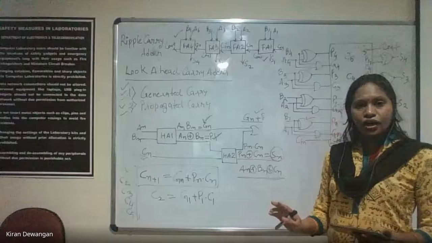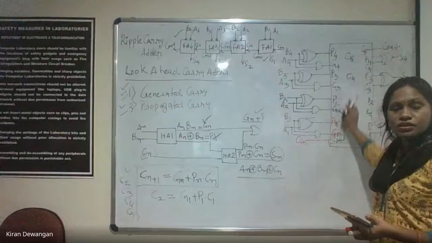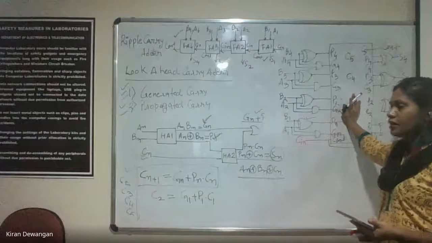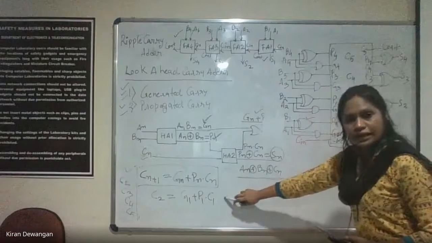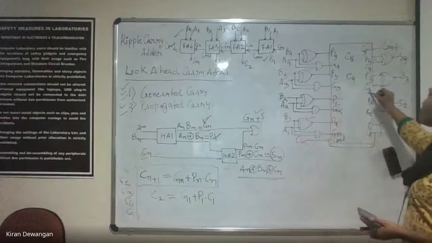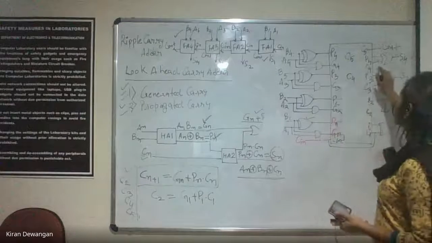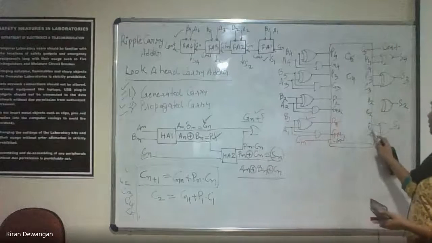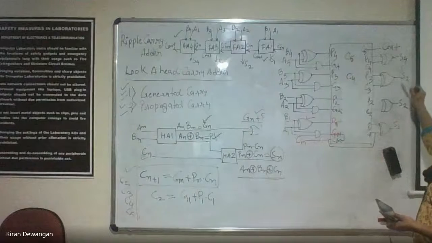Is this clear now? इंटरनल जो आपका इसमें जो डिजाइन है उसमें आपको नहीं जाना है, but it will generate C2 by this formula, it will generate C3 by this formula and generate C4 and C5, and as it generates C2 we'll be getting this S1, S2, S3 and S4.